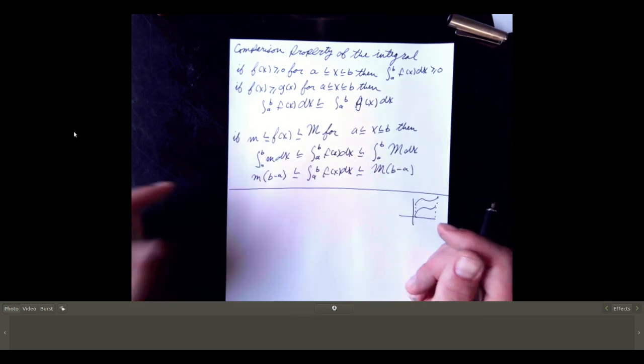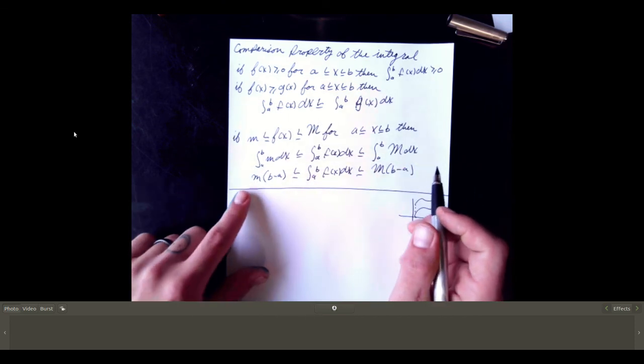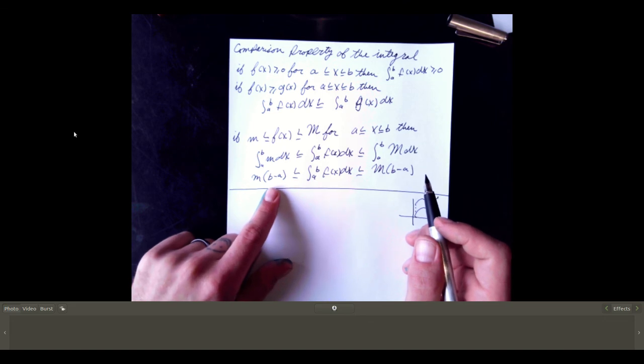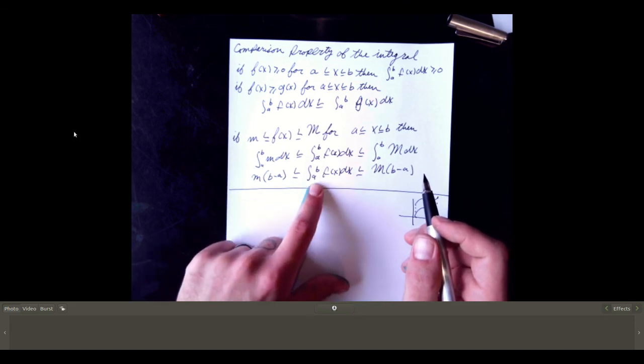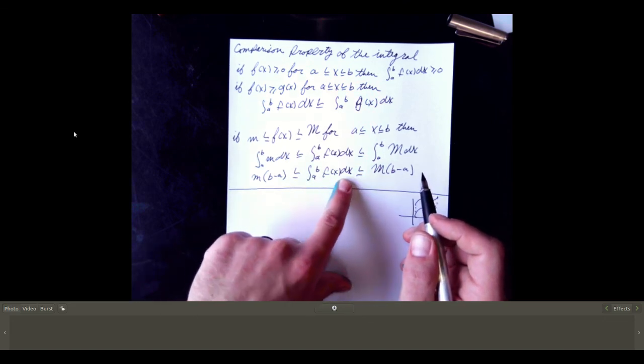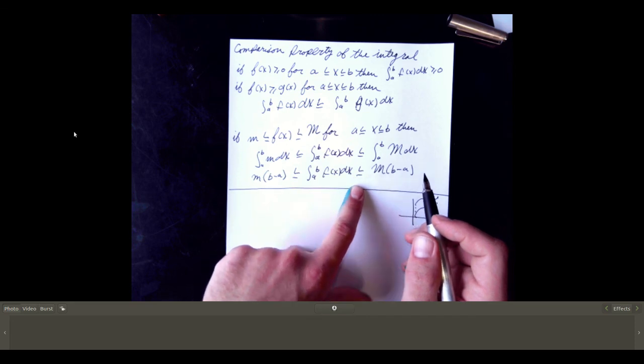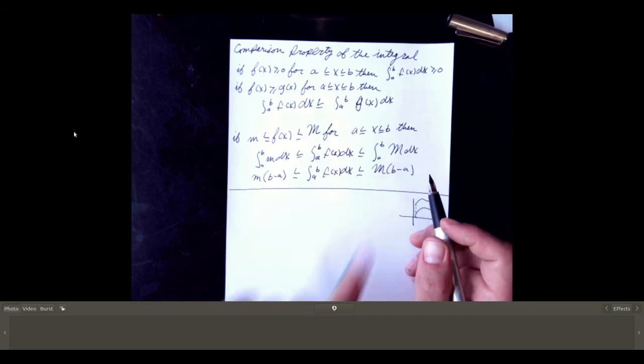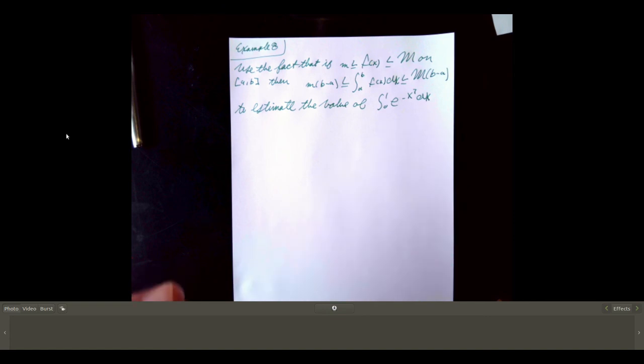Using properties of integration, this says that little m times b minus a is less than or equal to the integral from a to b of f of x dx, which is less than or equal to capital M times b minus a.